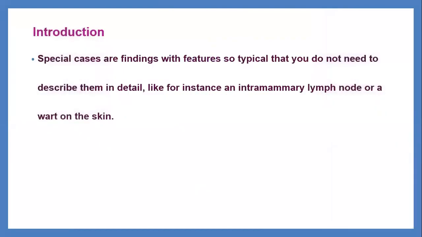So special cases are findings with features so typical that you don't need to describe them in detail. You will just say intramammary lymph node, solitary dilated duct, or skin lesion without further description.